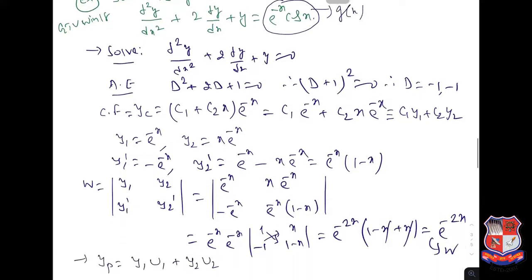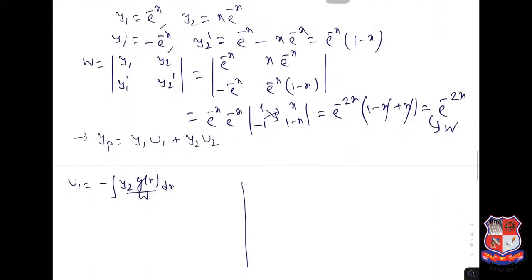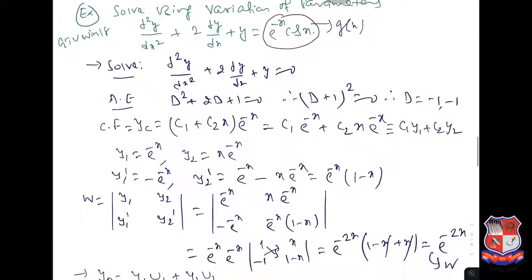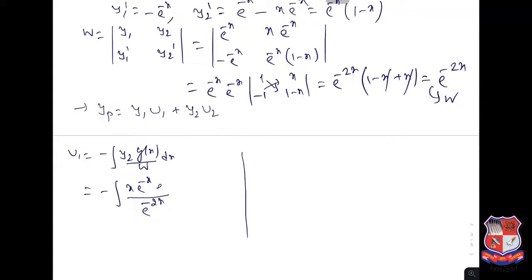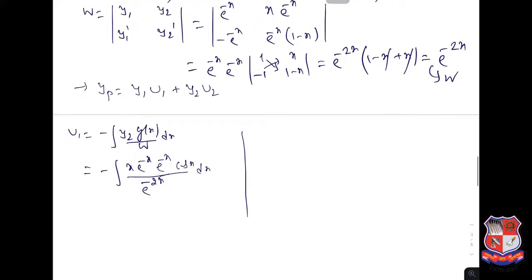So this is our gx. Now y2 is x e power minus x. So this is minus x e power minus x over w, e power minus 2x, and gx is e power minus x cos x, e power minus x cosine x dx.